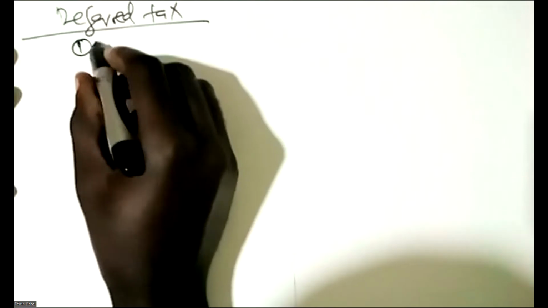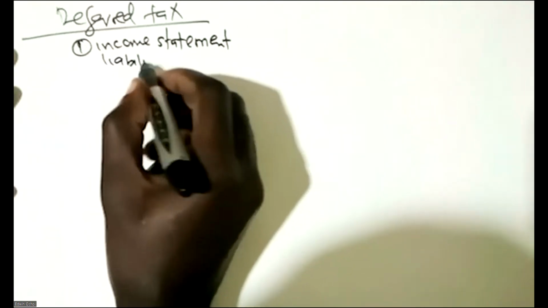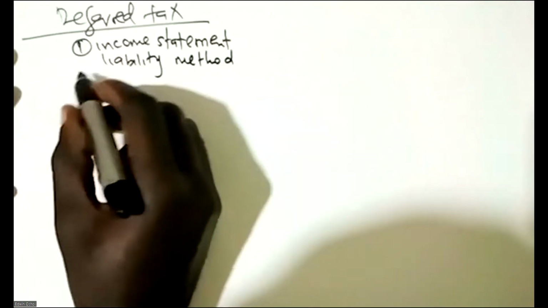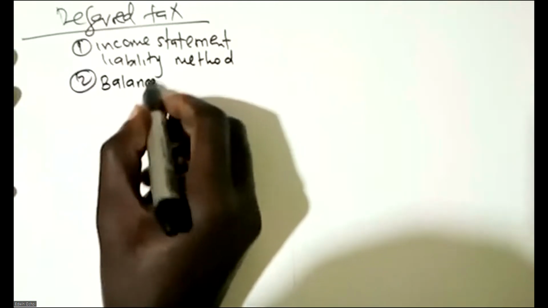So we have two methods for computing deferred tax. The first one being the income statement liability method. The second one being the balance sheet liability method.